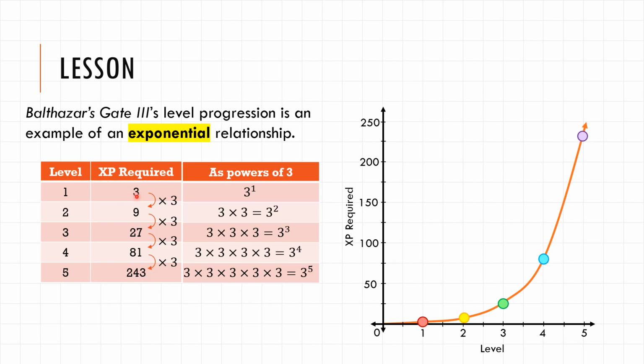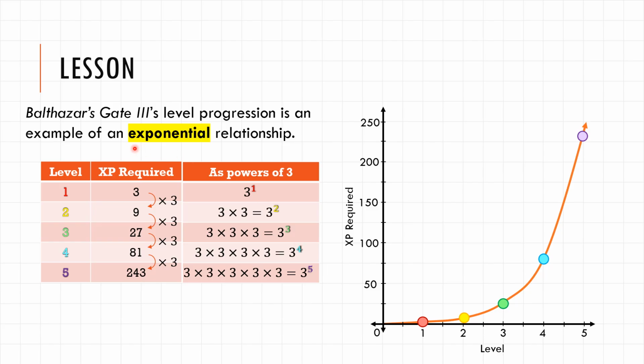So if I want to change these from expressing them as numbers to expressing them as powers of 3, I could do that. I guess the next question becomes, what do you notice? As the levels increase, let's examine the powers of 3, and what do you notice? Notice that the exponents are all also increasing by 1.